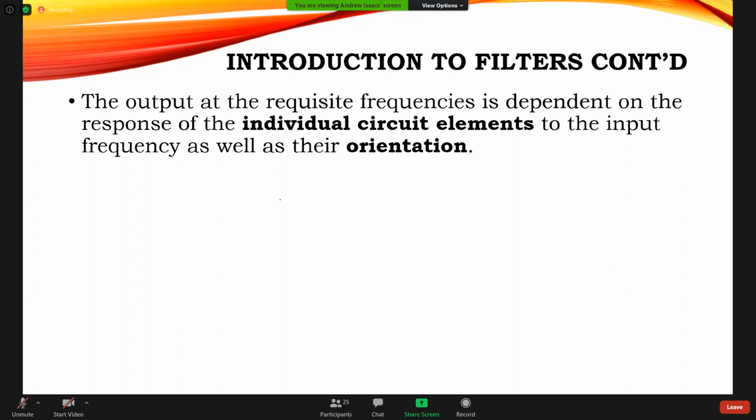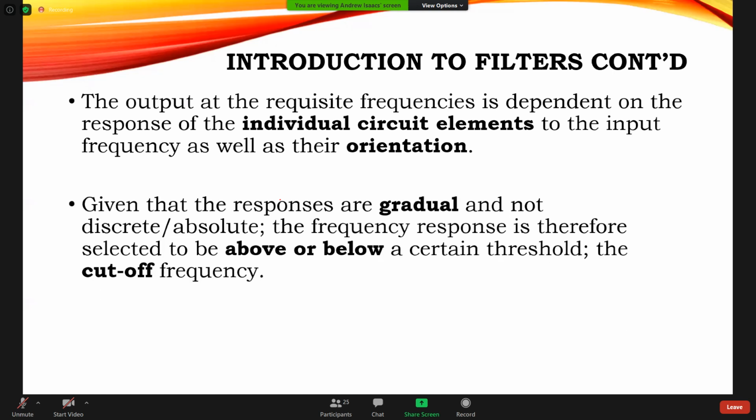The second point is that the responses are gradual and not absolute, meaning it is not the case that as soon as we get to a point, we cut off, or as soon as we get to a point, we have output.